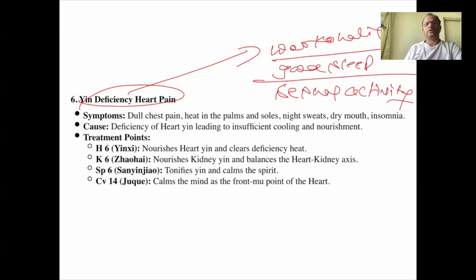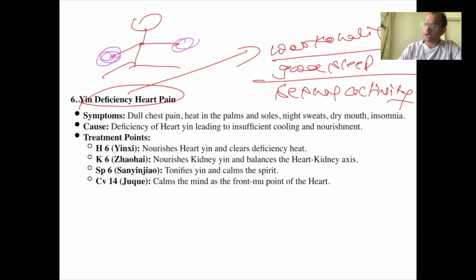We know what is the sign of yin deficiency. 5 palm heat, हम जानते हैं. Heat in the palm, heat in the feet, heat in the chest, that is called 5 palm heat or 5 heart heat.